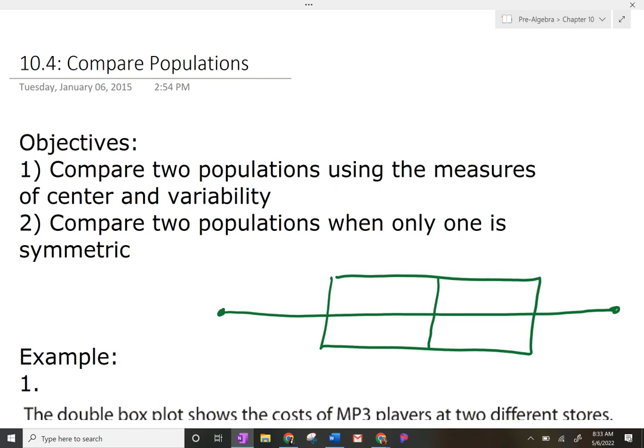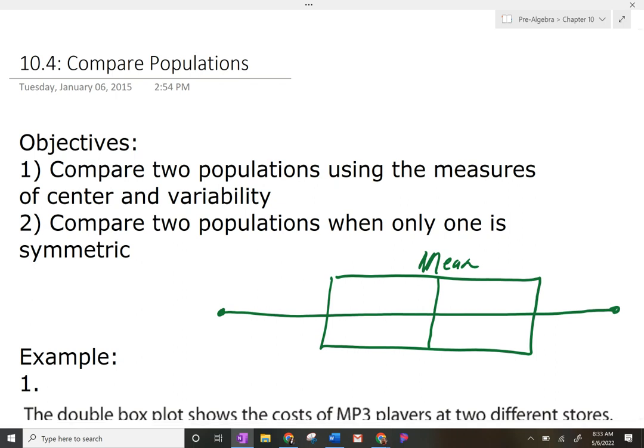When you have your box, this middle line is the median. So when you find your median, or not median, your mean. I wrote it wrong. I'm the worst. This one's the mean. Also, I really wish math would just call it the average like every other world.